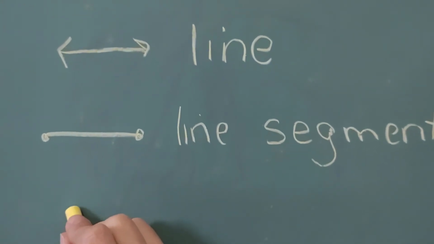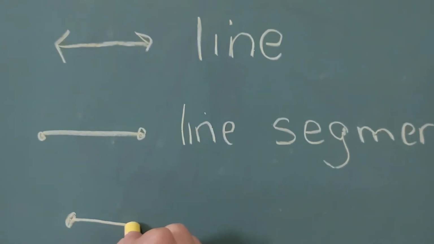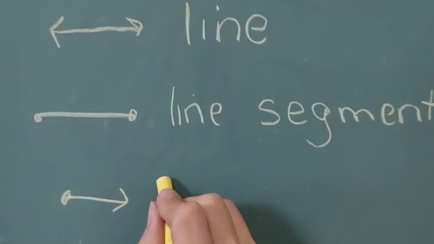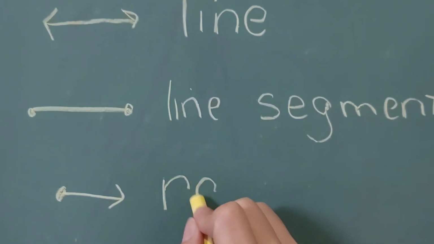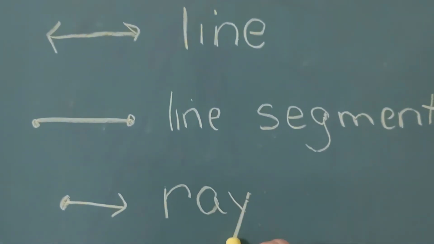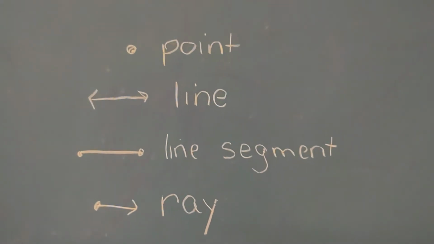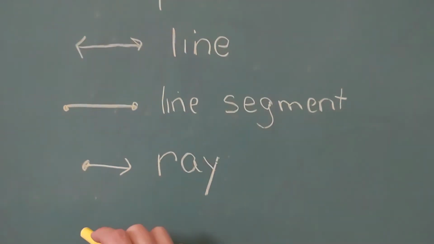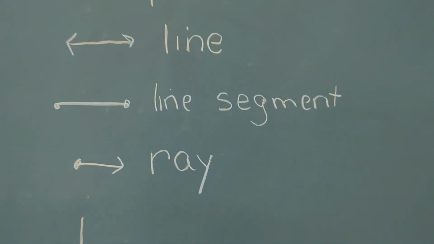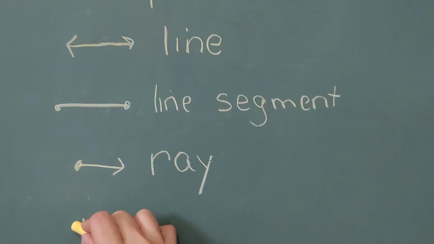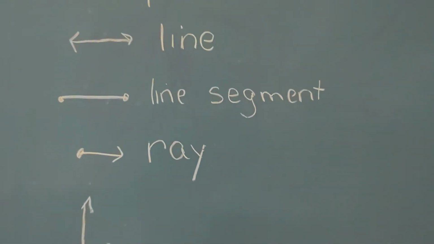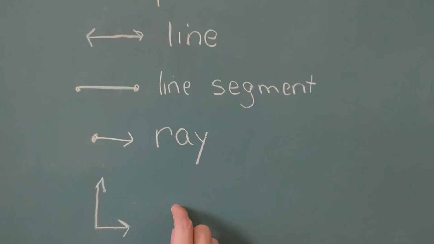And if you see an end point with a line coming off of it, that's called ray. And then anytime you see two rays put together, connected to an end point, that's called an angle.